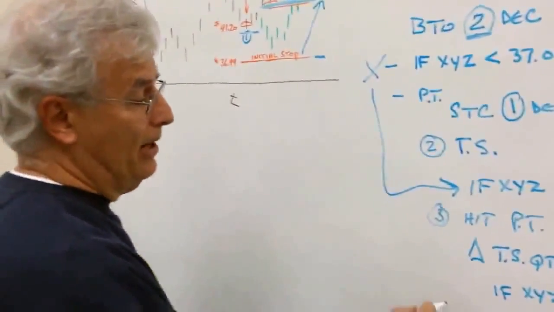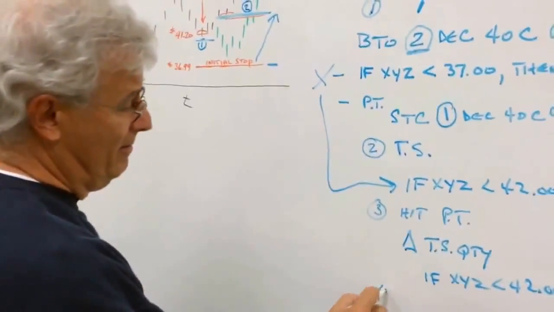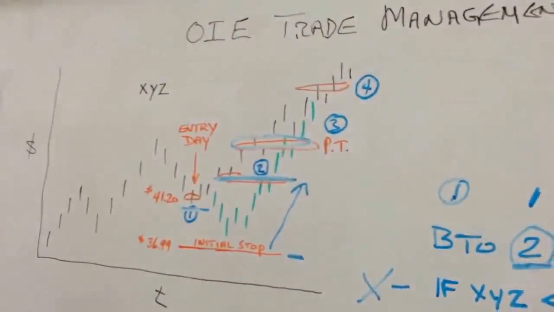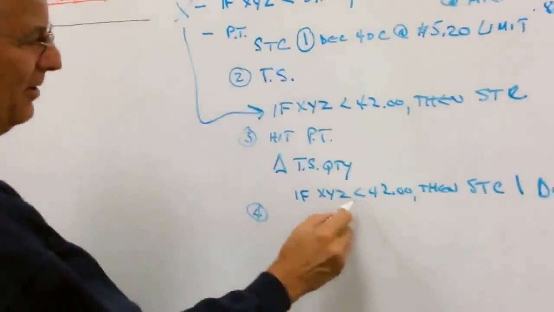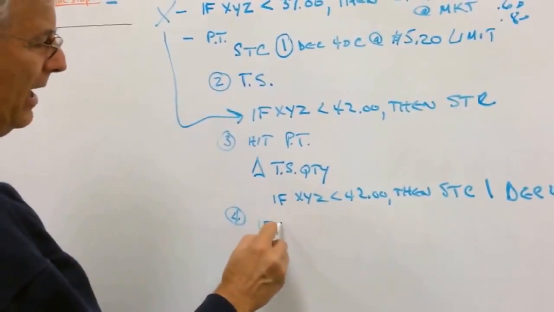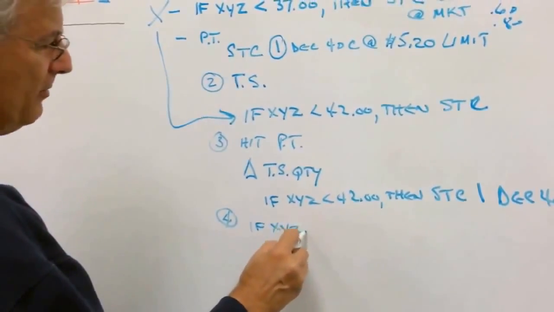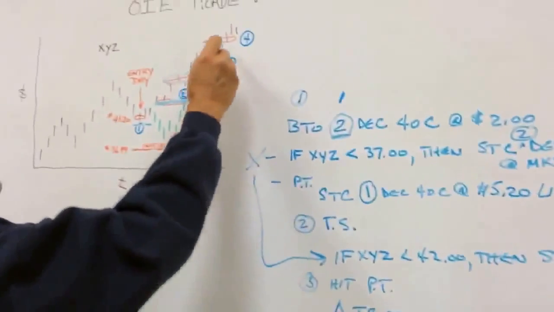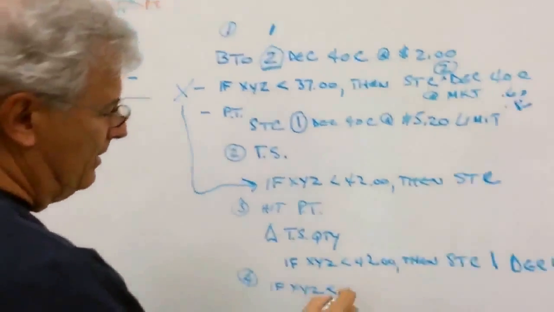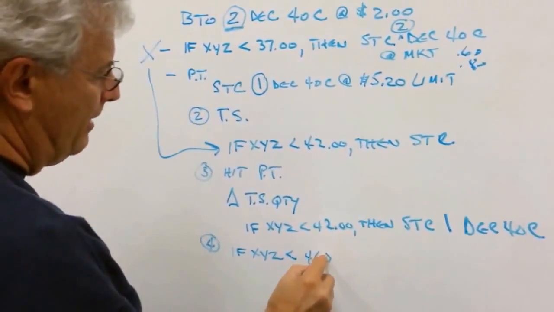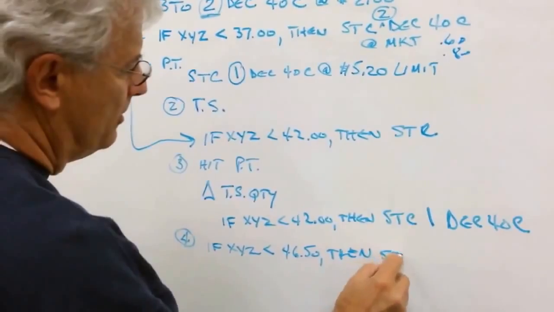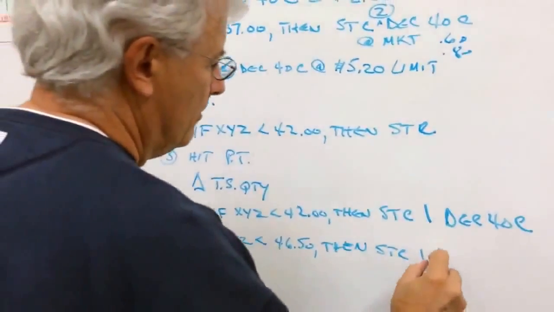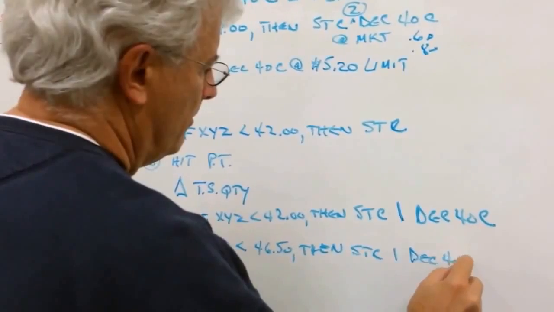Now the real exciting part is, if that's not enough excitement, at point 4, that second half position continues to make more and more money. The software will alert you to change the trailing stop to a higher level. And you just simply go in and say, if XYZ is less than, let's say, 46 and a half, then sell to close 1 December call at market.